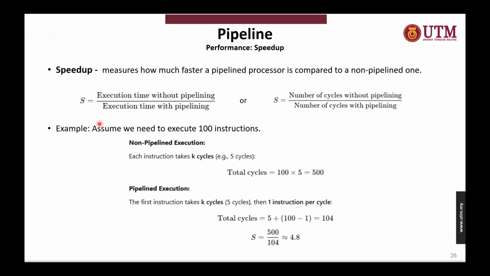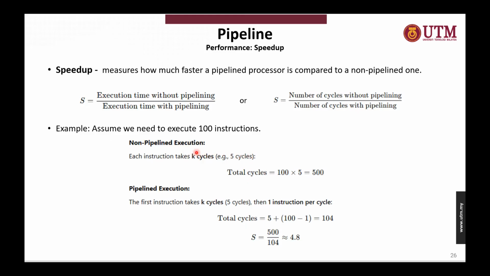Examples here. Assume we need to execute 100 instructions. We take a pipeline of 5 stages, and each stage costs you 1 cycle.